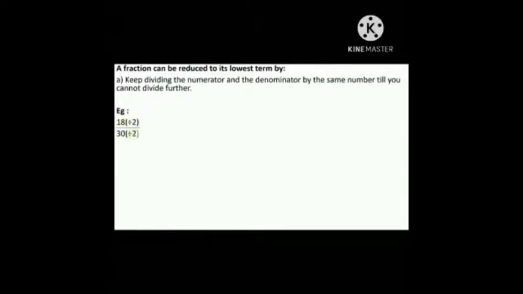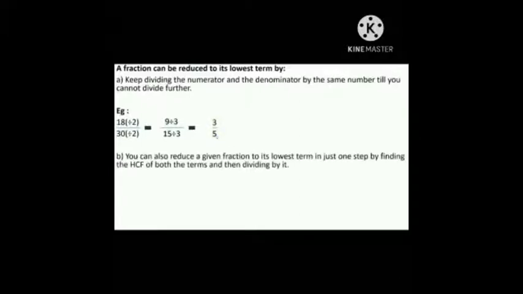So as we know 18 will divide by 2, we will get 9 and 30 will divide by 2, we will get 15. These both numbers 9 and 15 will again divide by 3. So we will get here 9 divided by 3 is 3, and 3 5s are 15.